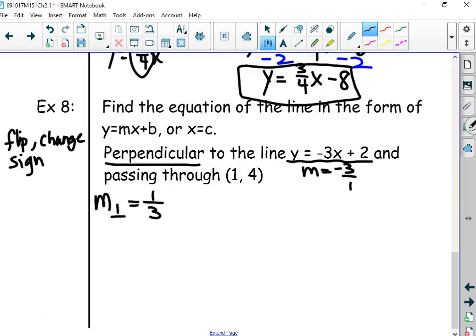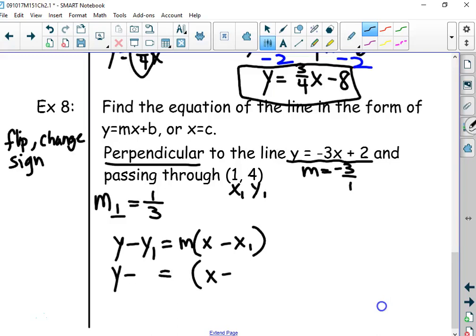I've got my point. So y is 4, slope is 1/3, x is 1.